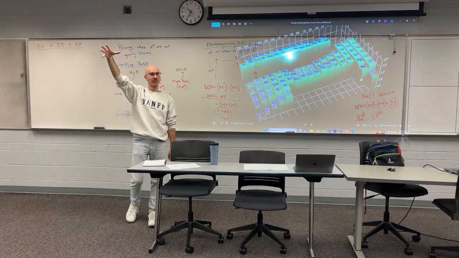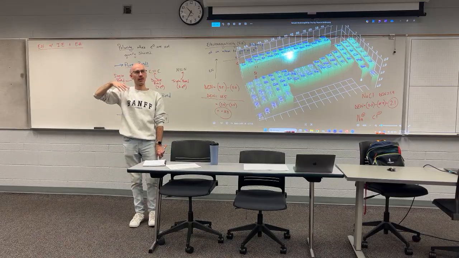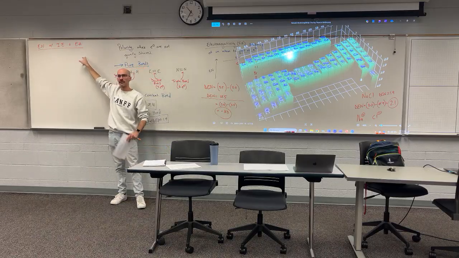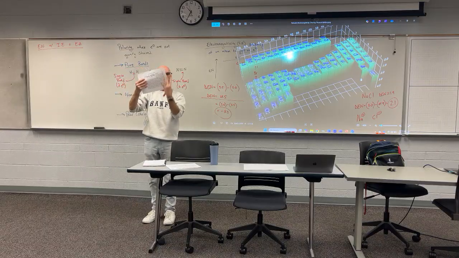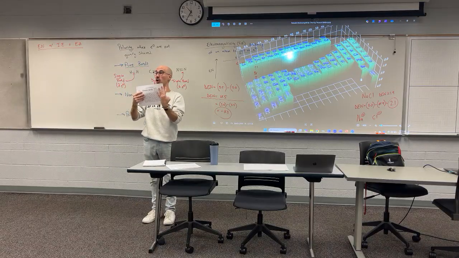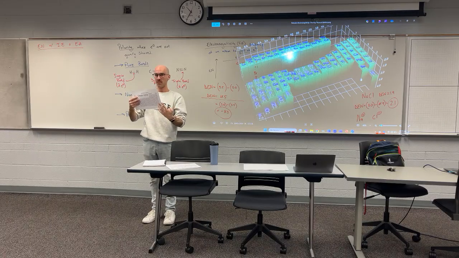Energy given off when an atom accepts an electron. Who has larger electron affinity? Metals or nonmetals? The nonmetals have larger electron affinity because they'll give off more and more energy when electrons come to them. And who has larger electronegativity? Nonmetals.